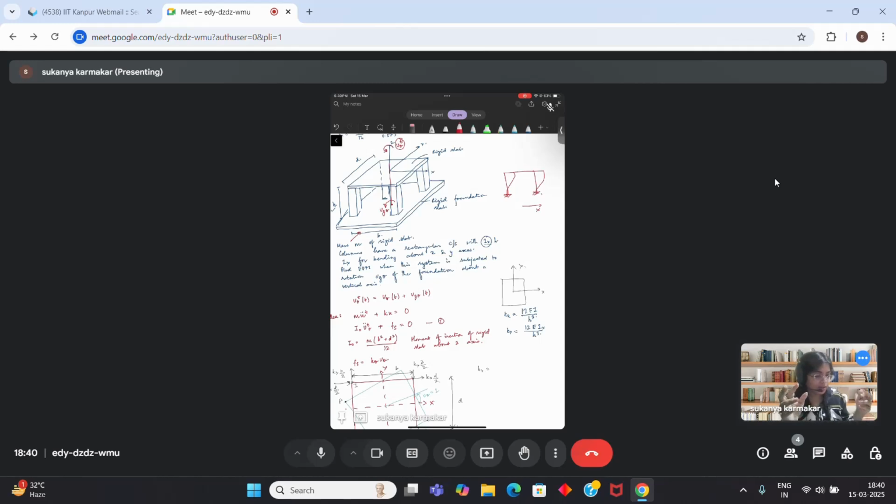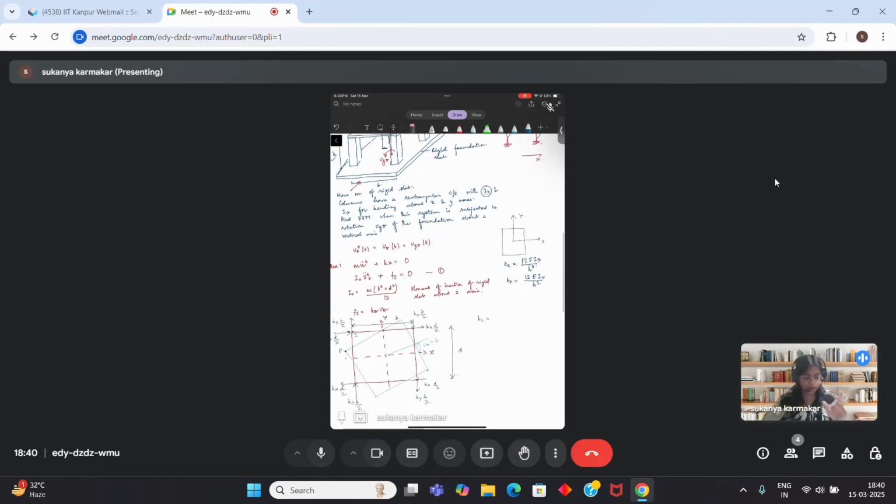In that case, the column is bending about which axis? Can you tell me? The column is bending about the y-axis. So that is why y will appear here. I hope this Ix and Iy is clear.